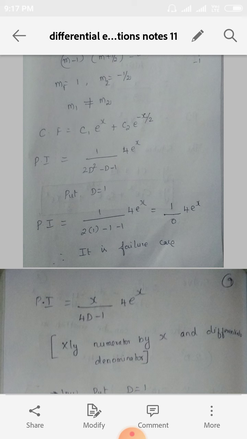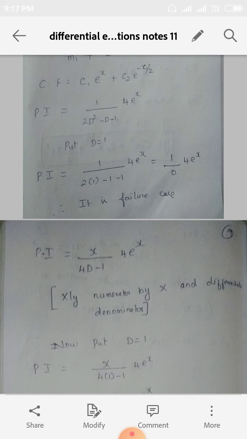Next we have to find the particular integral. Particular integral is nothing but 1 by, what is the given equation? 2D square minus D minus 1 into 4 e power x. What is the alpha value? It is nothing but 1. So put D is equal to 1 in the equation. So 1 by 2 into 1 minus 1 into 4 e power x. So we get 1 by 0 into 4 e power x.